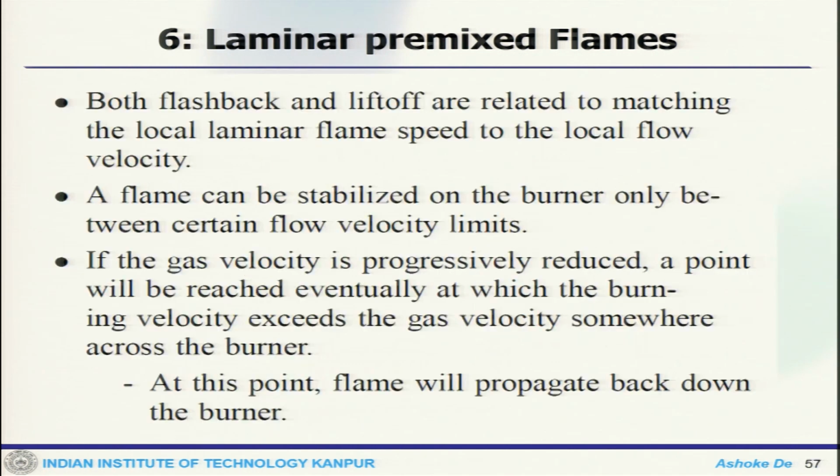More to it, both of these phenomena, flashback and lift off, are related to matching the local flame speed to the local flow velocity. That is quite important when one wants to avoid this.